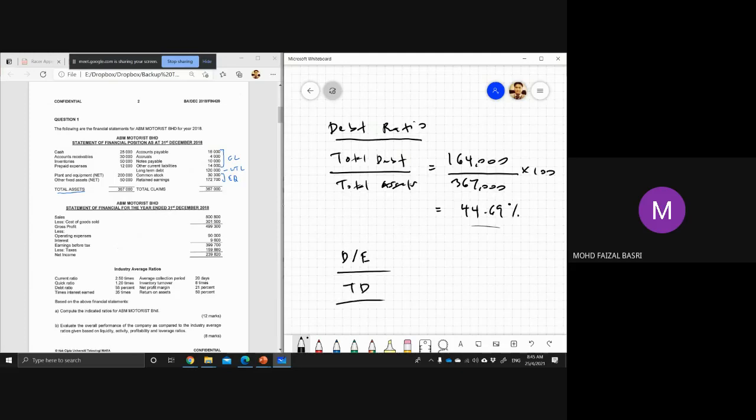So we have total debt divided by total equity. The total debt is 164,000, and the equity would be the common stocks plus the retained earnings: 172,700 plus 30,200, so a total of 203,000. Multiplied by 100.